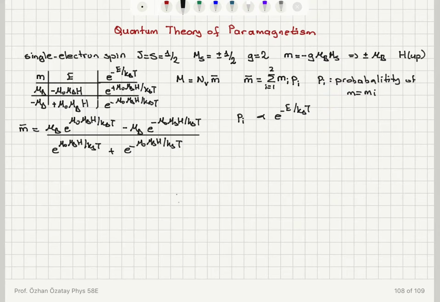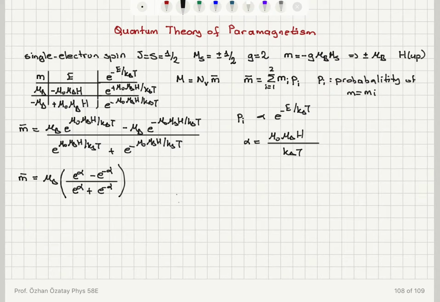So you can see that the average value of the magnetic moment of this spin will be equal to a Bohr magneton mu b times, if I call this factor mu0 mu b H over kBT alpha, then I will have here e to the alpha minus e to the minus alpha divided by e to the alpha plus e to the minus alpha.